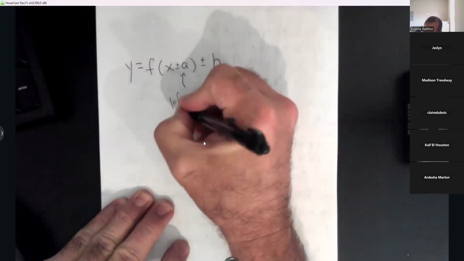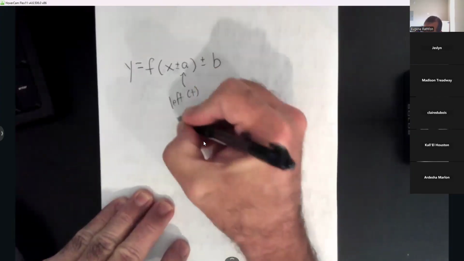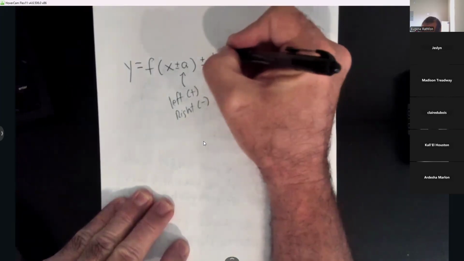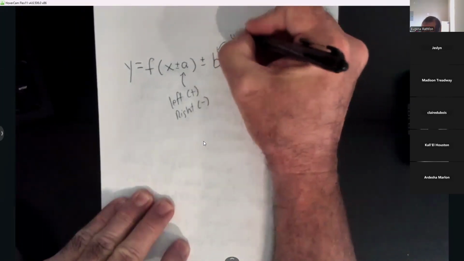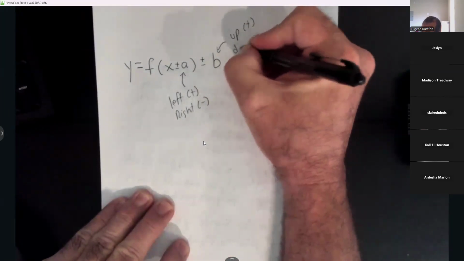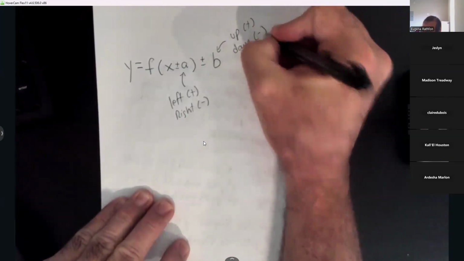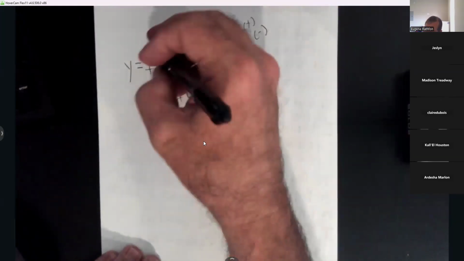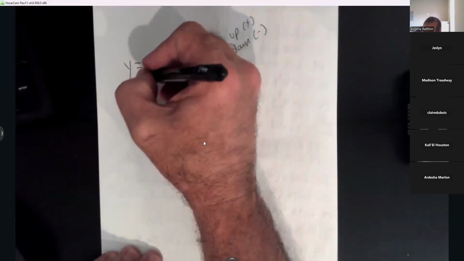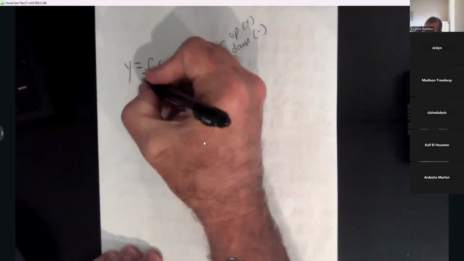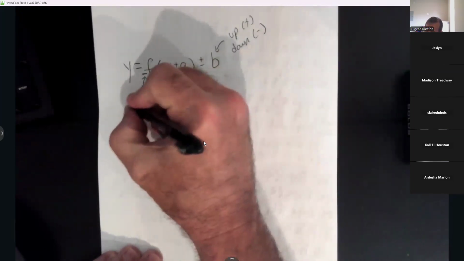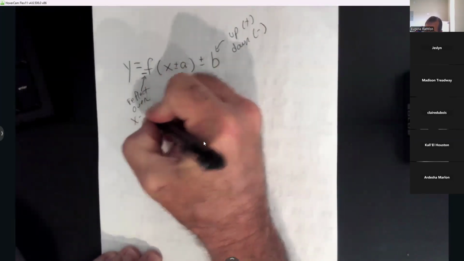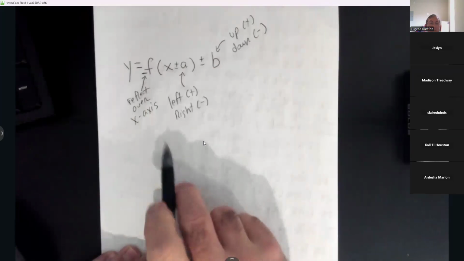This is left, positive, right, negative. This one is up, positive, down, negative, okay? And then, like I said, if you got a negative in front of your f of x, that reflects over the x-axis.